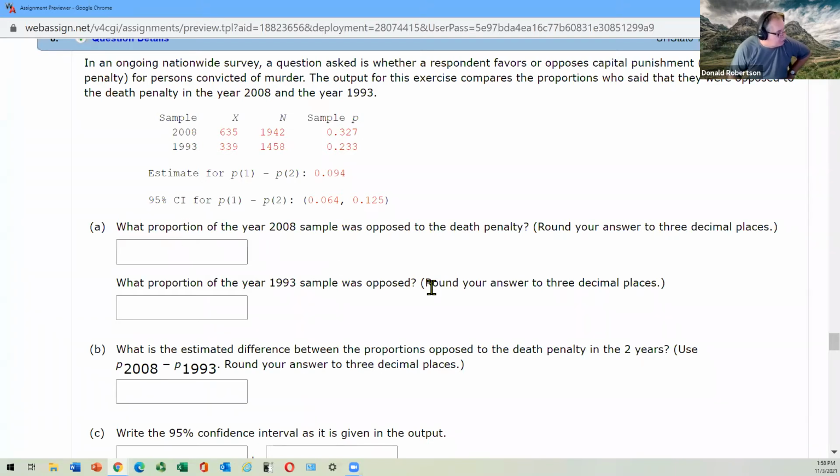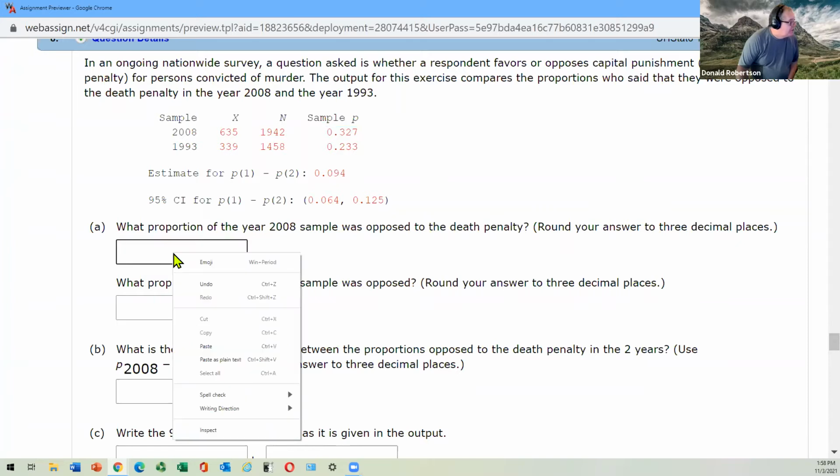Now, don't overthink this. What proportion from 2008 opposed the death penalty? So these are opposing the death penalty. What proportion in 2008? It's in that table. Just tell me what the number is. 0.327. Would you agree it's this guy here?